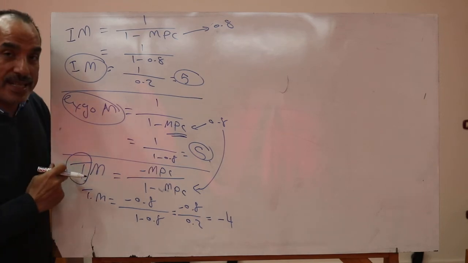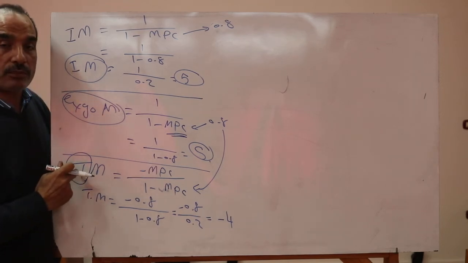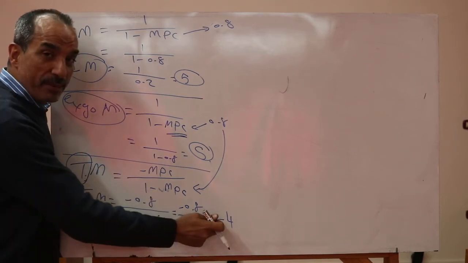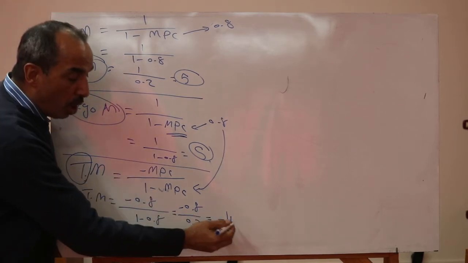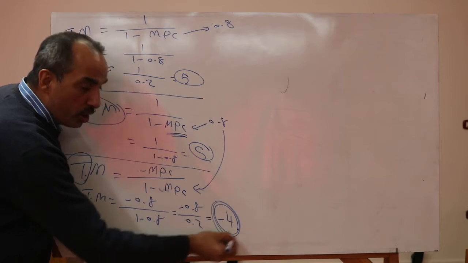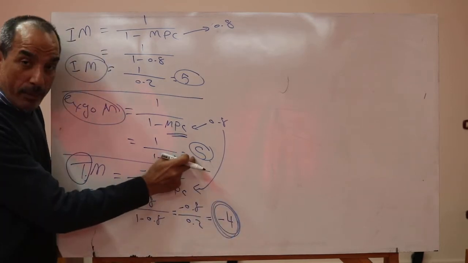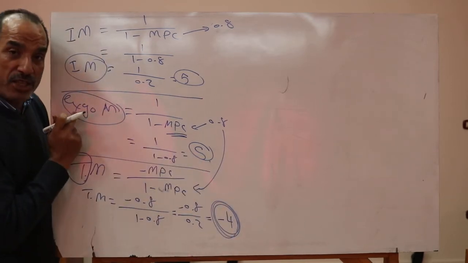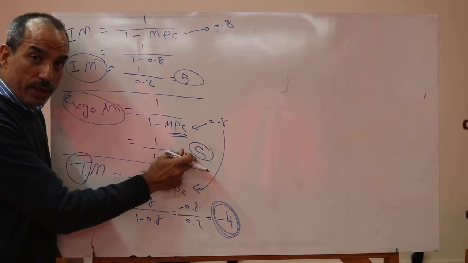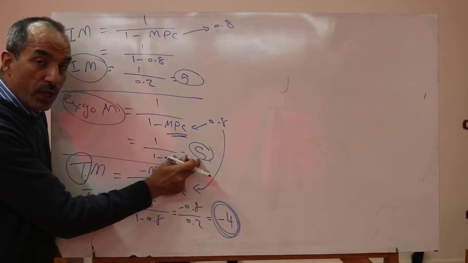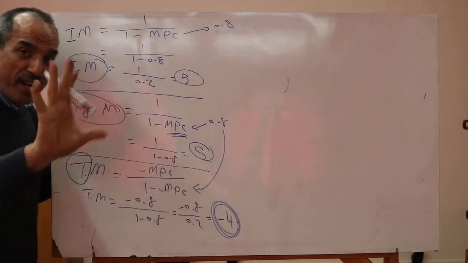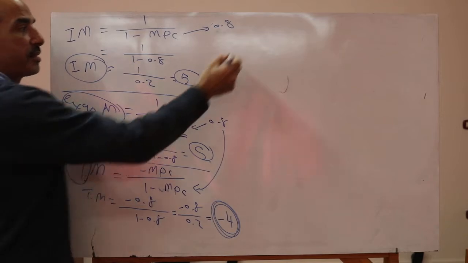When we decrease the taxes by $1 million, the national income increases by only $4 million. But when we increase government expenditure by $1 million, the national income increases by $5 million. What is the meaning of this?